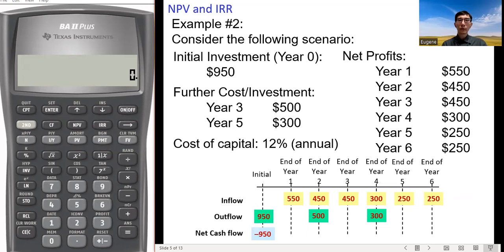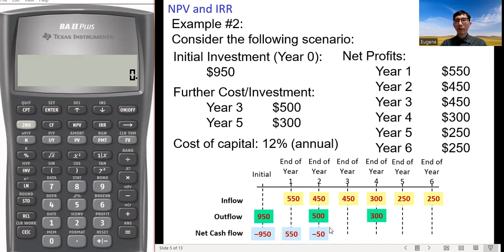So the net cash flow for the initial investment, the time point here, is negative $950. And by the end of year 1, this is $550. By the end of year 2, we have negative $50. Cash inflow minus cash outflow. We get the net cash outflow of $50. So the net cash flow is negative $50.